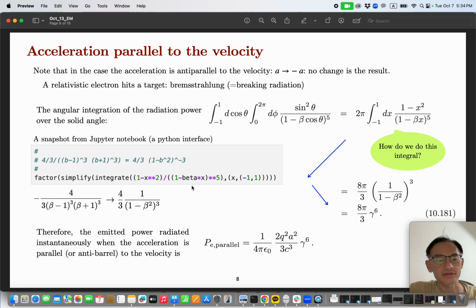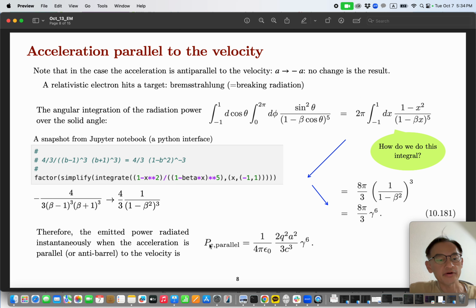For phi it's trivial, for theta, you have a complicated integrand. So what I did was to utilize a Python package called SymPy to do the symbolic integration. So that's what I get. And you can see that this is easily converted into this. So this integrand is this, and then your integral becomes this factor at the end.